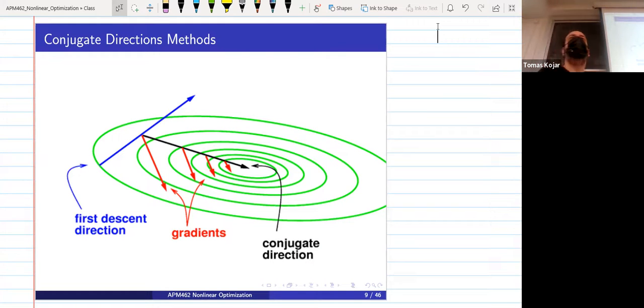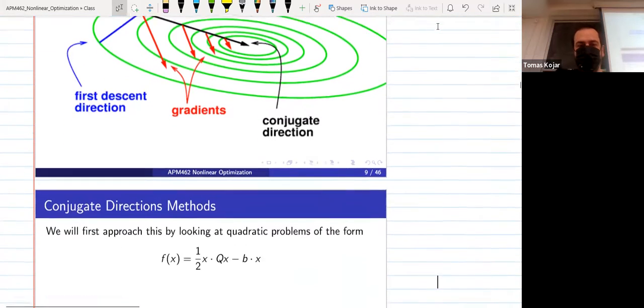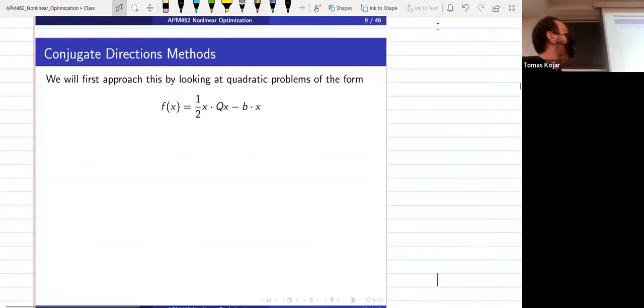You usually have some regression model, some covariance matrix, and you're trying to find the minimizers. So people have found faster methods because gradient descent is a general tool, but there are more specific ones, and this is one of the more famous ones. So let's do it. Again, we're going to study quadratic systems.